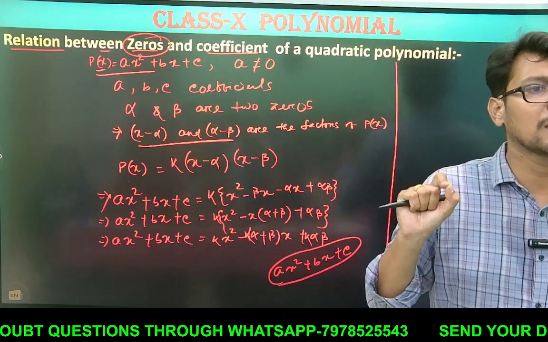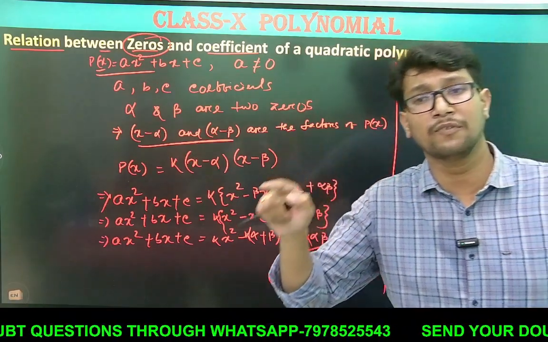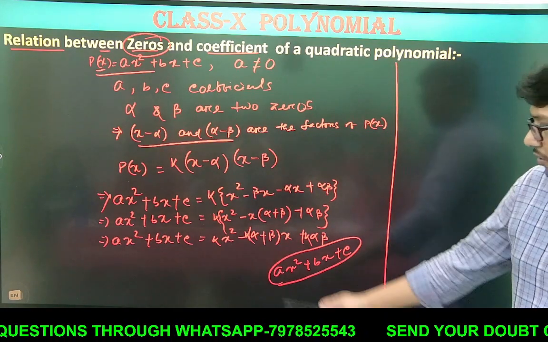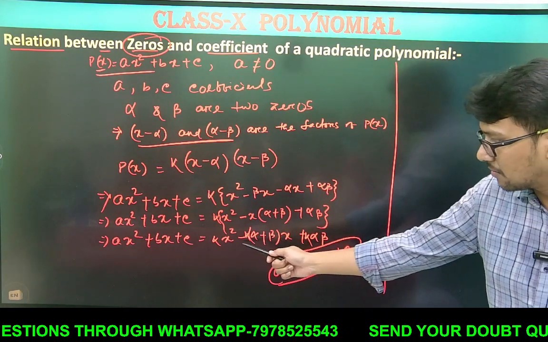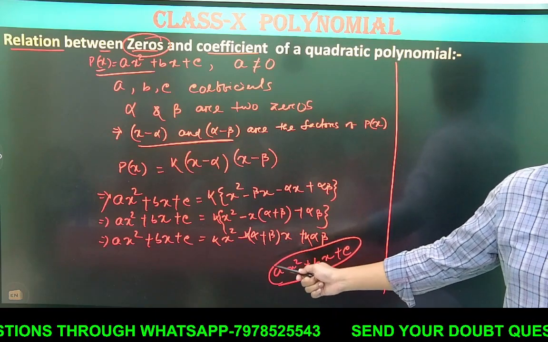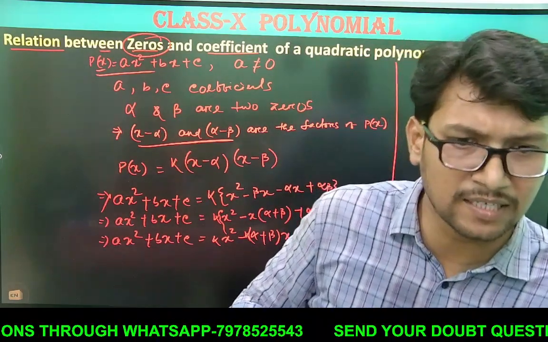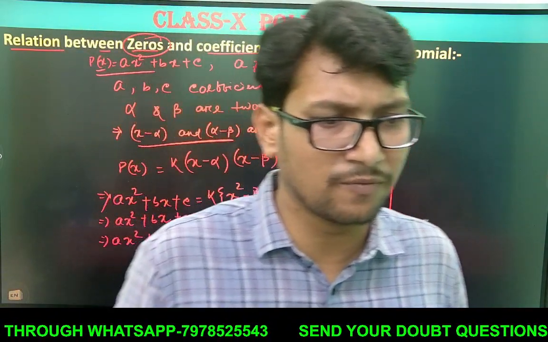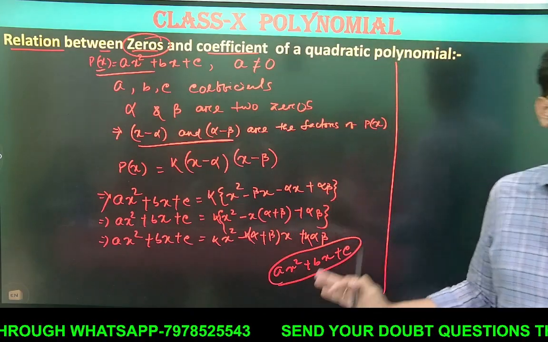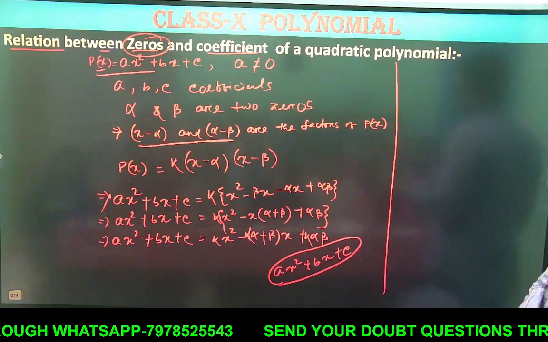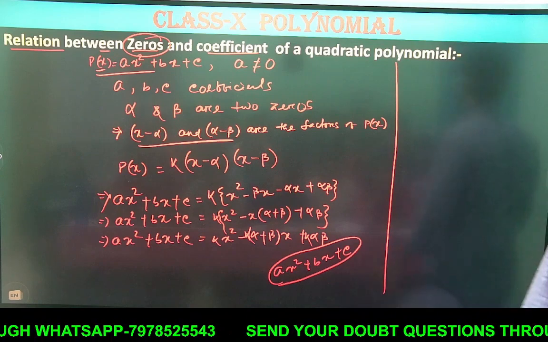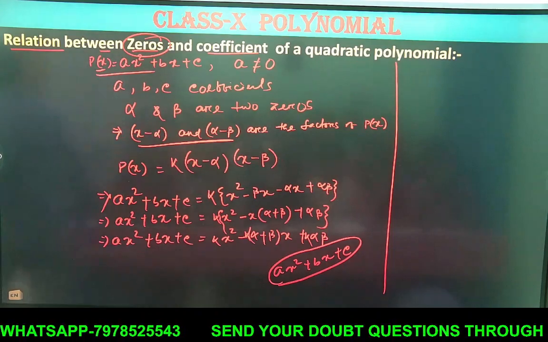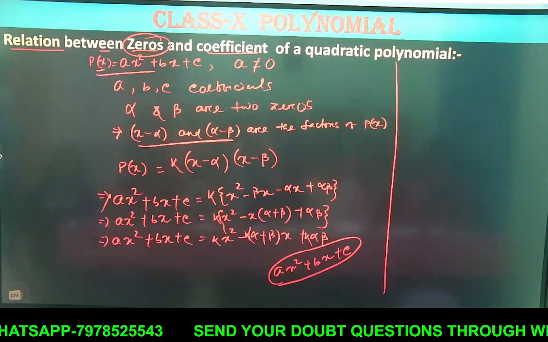What is the coefficient of x? Tell me. Coefficient of x is minus k into alpha plus beta. Alpha plus beta, we have taken zeros, that means real numbers. Are you getting? So what is the coefficient of x? Minus k into alpha plus beta. And what is the constant term? Okay, everybody clear? Look at the answer in your own eyes.